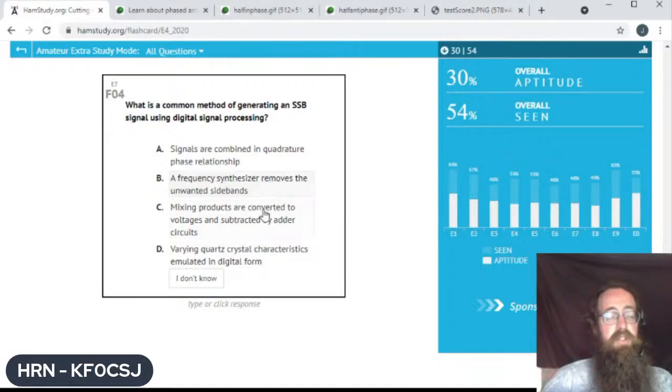I'm pretty sure that one's wrong, if my memory is correct at least. C. Mixing products are converted to voltage and subtracted by adder circuits. D. Varying quartz crystal characteristics emulated in digital form.